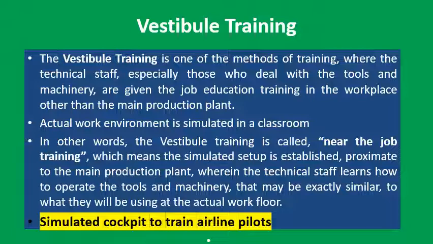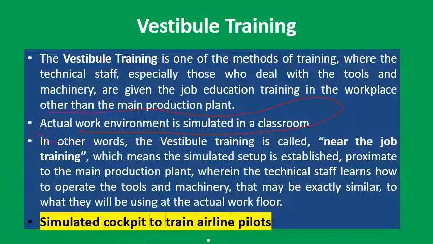This is a method of training where technical staff, especially those who deal with tools and machinery, are given job training in a workplace other than the main workplace. Actually, a workplace is reproduced in a classroom kind of setting.